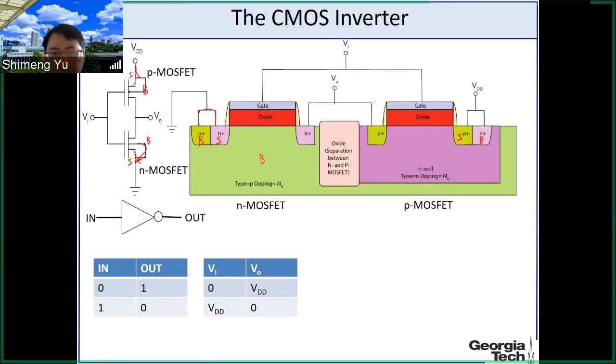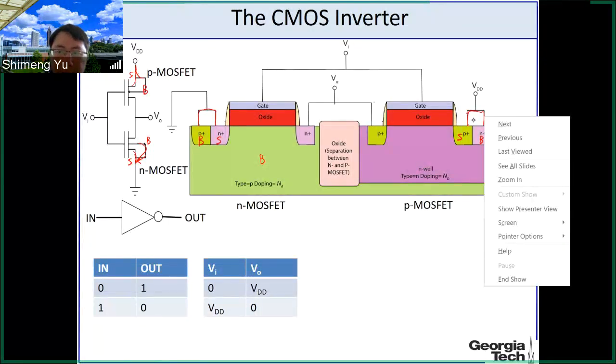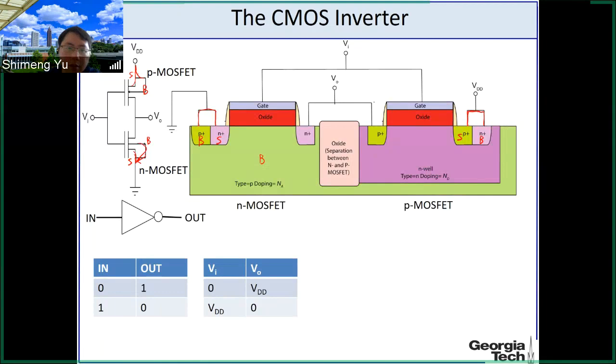And we make it N plus, heavily doped, to make a good contact, because heavily doped means lower resistivity. Then we can make a good contact between the silicon and the metal. So those are metal wires. So this is a cross-sectional view of the CMOS inverter. Any questions?